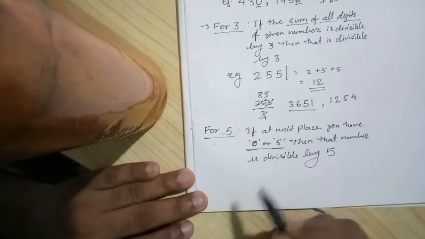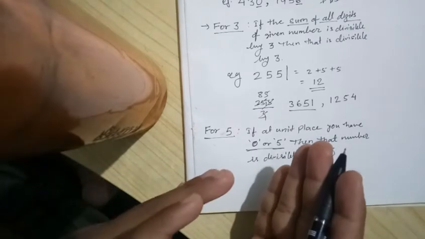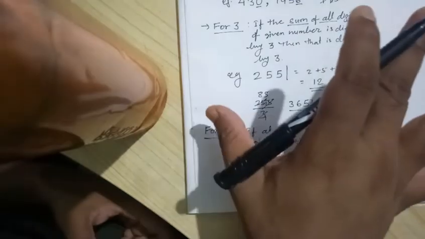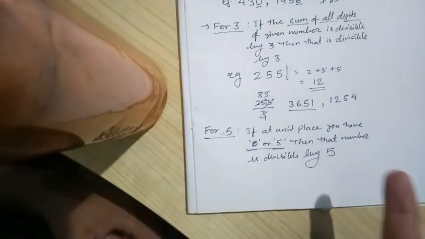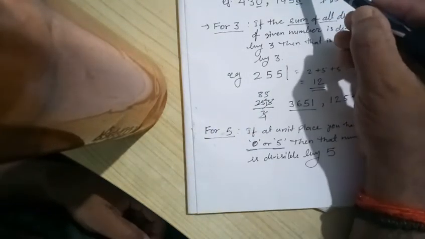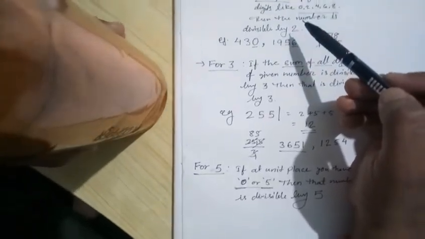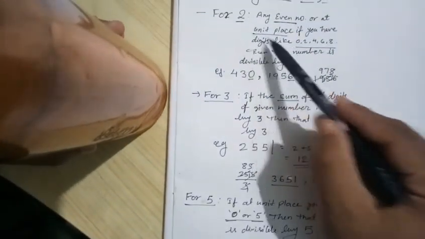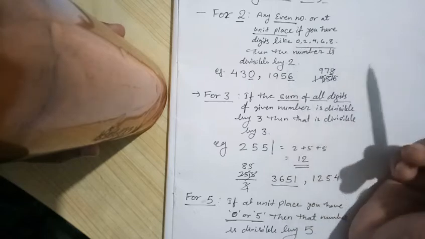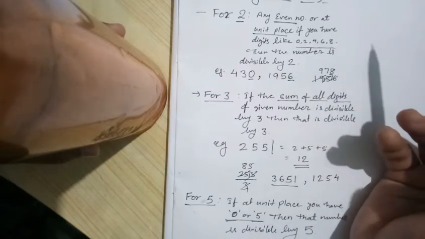So what is the keyword you have to remember? At unit place, if you have a 0 or 5, then it is divisible by 5. So 0, in fact, I hope you remember, comes in the even numbers also. So you have to take care of that.